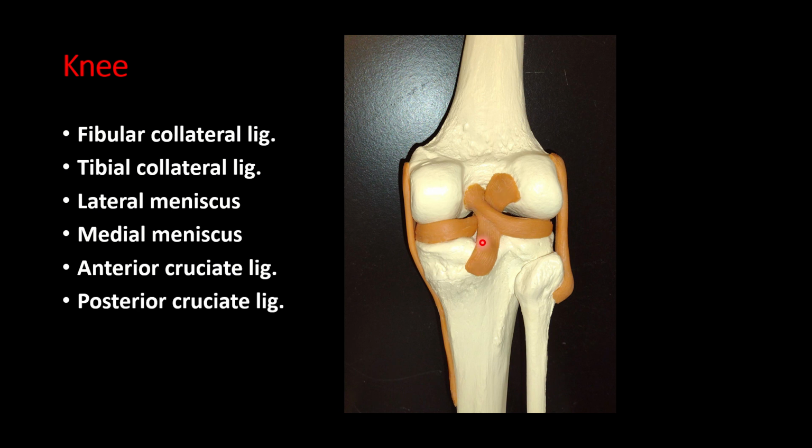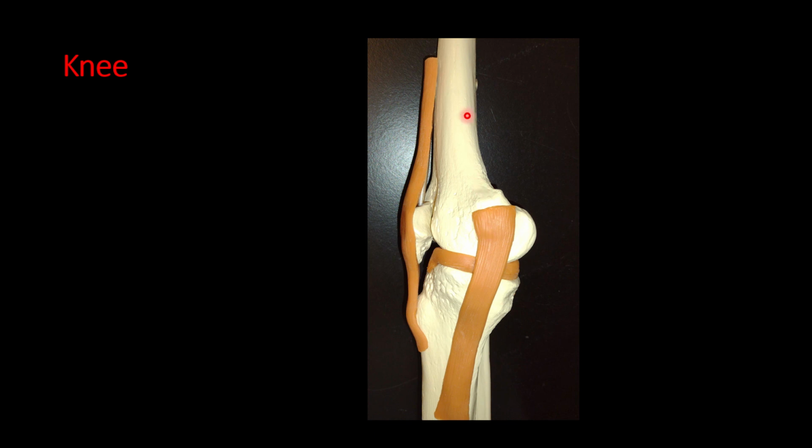And this is the posterior cruciate ligament. This thing that you see, this ligament, is called meniscofemoral ligament. I didn't put it here, but just in case if you want to know, meniscofemoral ligament. Once again, this is anterior cruciate, this is posterior cruciate.